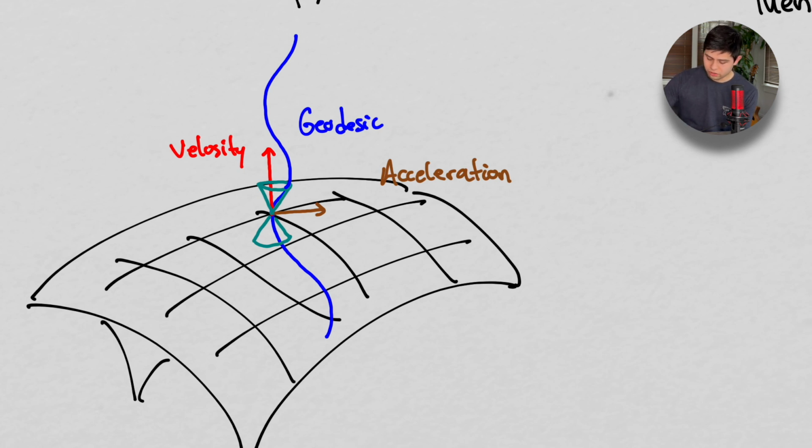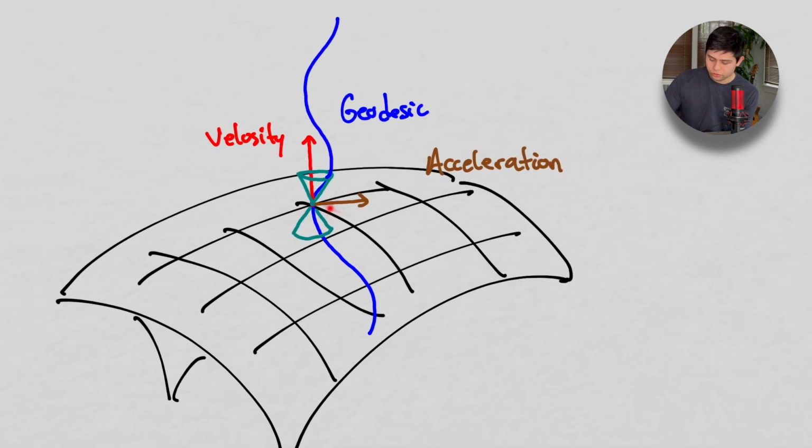Our time-like vectors, or velocity vectors, are always going to be tangent to our geodesic, because the geodesic describes positions. Velocity is the derivative of position with respect to some parameter, usually time. And so those are going to be tangent.